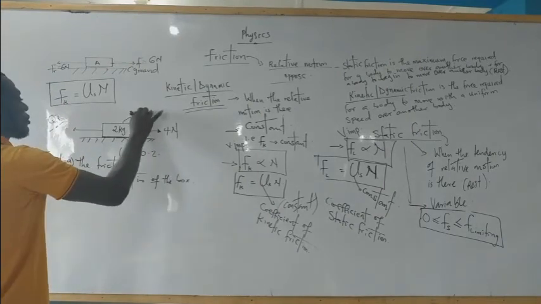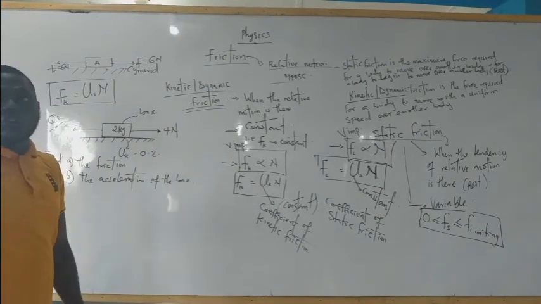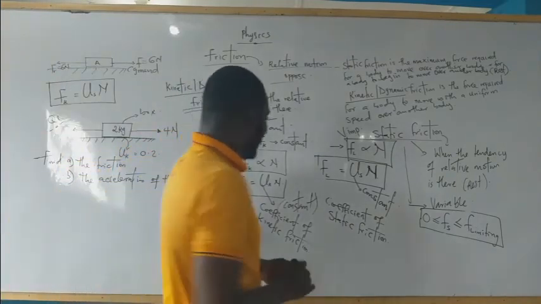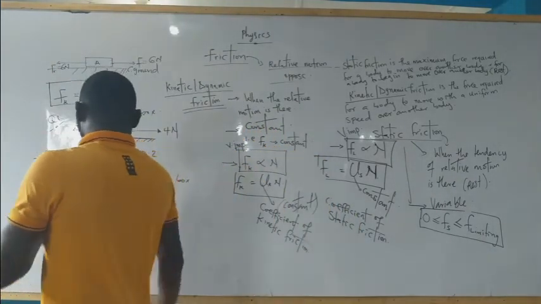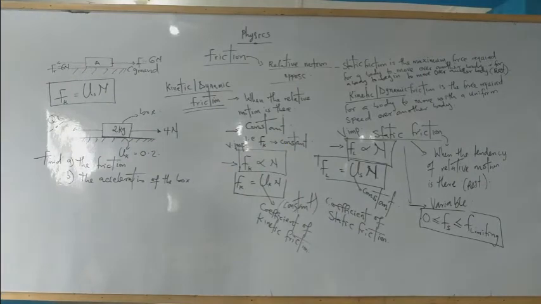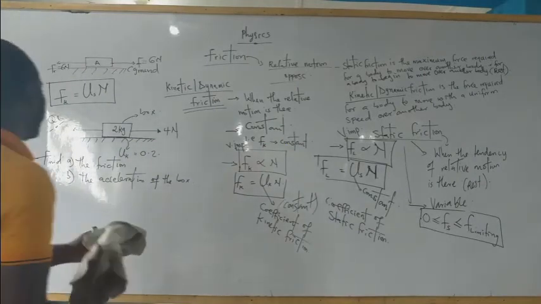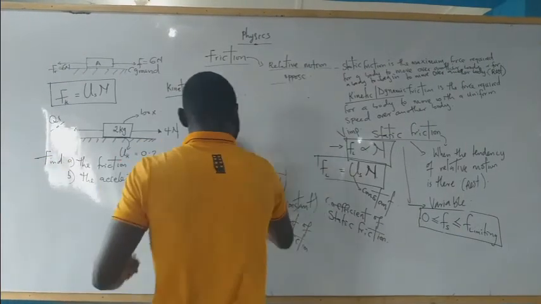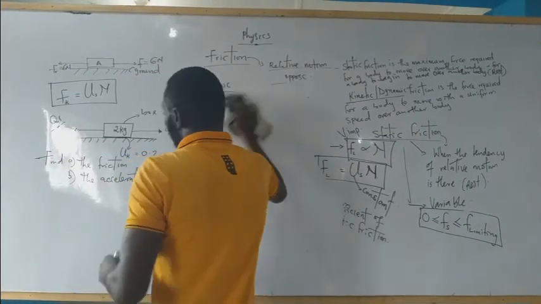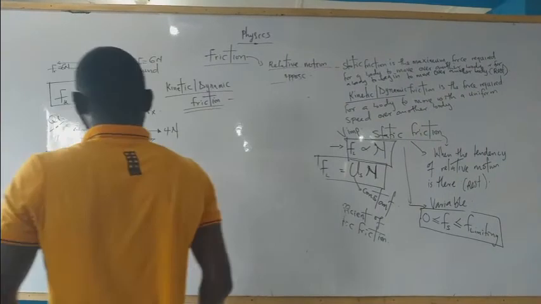This is a box of mass 2 kg. We want to find the friction and the acceleration.